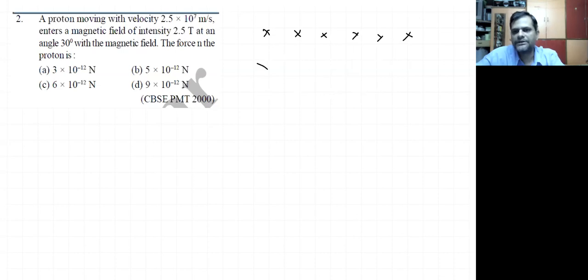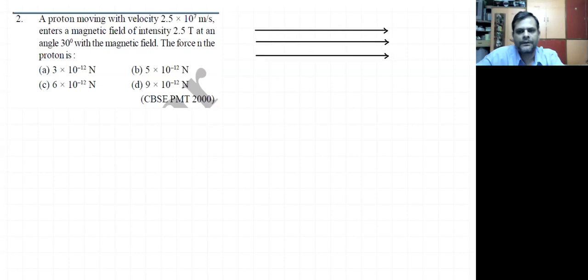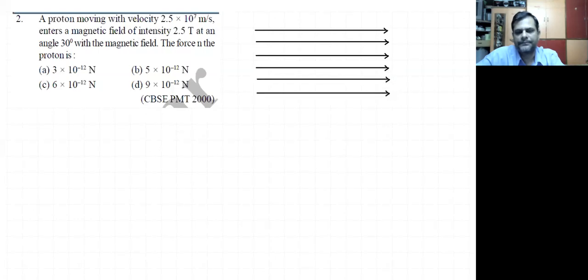Or let's take the magnetic field to be directed in this direction. Suppose in this direction the magnetic field is there. Okay, suppose this is the magnetic field and a proton is just moving, not at right angles but at an angle 30 degree. Okay, so at 30 degree angle a proton is moving in this direction. Suppose this is the proton.